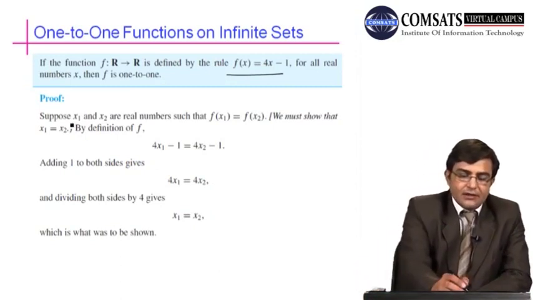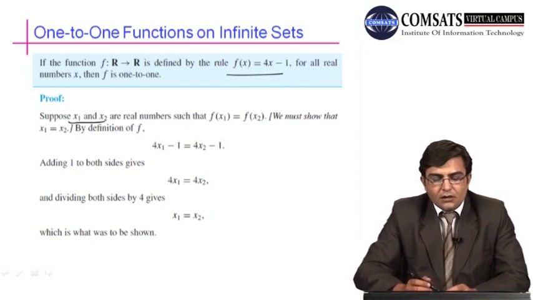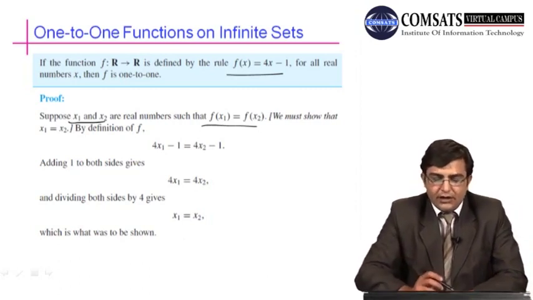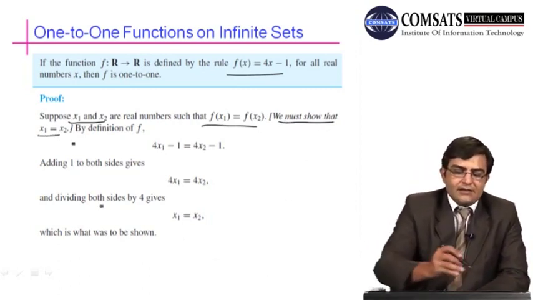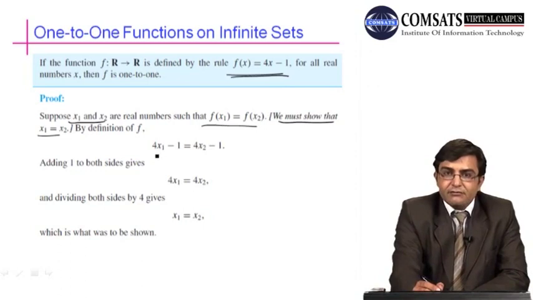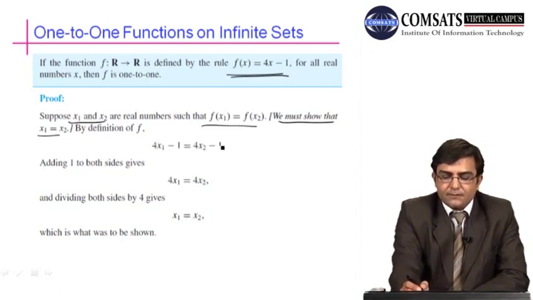We suppose that x1 and x2 are arbitrary two real numbers, and we suppose that their images f of x1 is equal to f of x2, and we must show that x1 is equal to x2. If f of x1 is equal to f of x2, then f of x will be 4x1 minus 1, and this is equal to 4x2 minus 1.